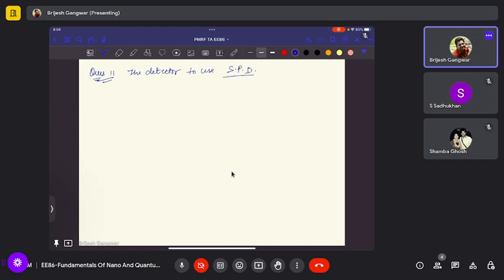SPD, write it down: single photon detector.